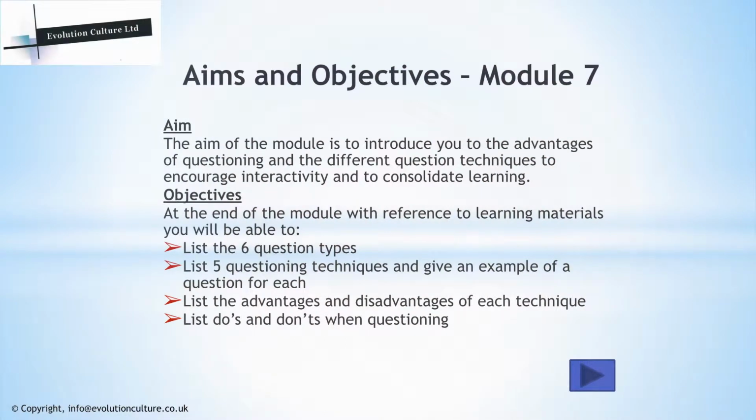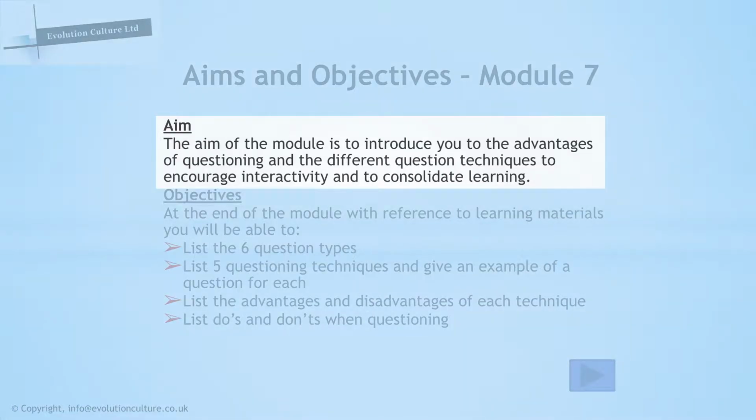In covering this particular video, these are the aims and objectives of what we're wanting to achieve. The aim of the module is to introduce you to the advantages of questioning, the different questioning techniques, to encourage interactivity and to consolidate the learning, to make sure that your participants actually have learned and enjoyed that experience at the same time.